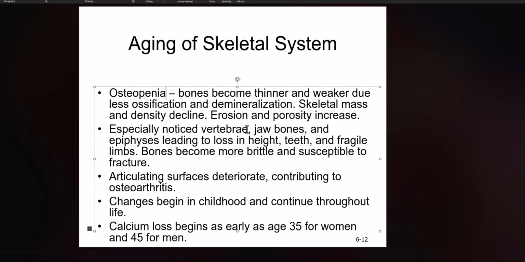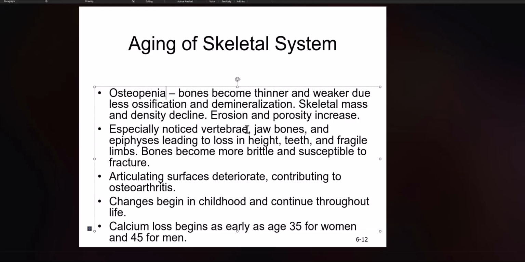Think about it. You've got 24 of those discs along your vertebral column. If each one of those shrinks just a small amount, 24 times a small amount is a pretty significant change. So if each of those is losing a little bit of depth, then a person shrinks as they get older.